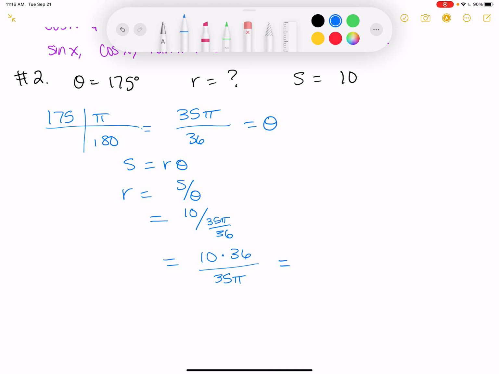I got 3.27 when I do it. 10 times 36, and then divided by 35, and then divided by pi.